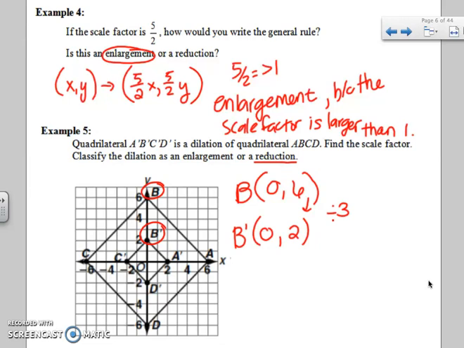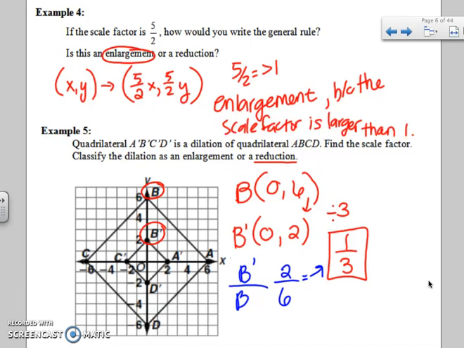So if you divide by a third, that's the same as multiplying by a third. So again, to find your scale factor, you're going to take the B prime and divide it by your original. For example, I would do 2 divided by 6, which is 1/3.